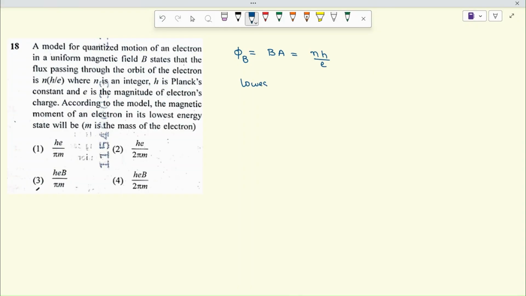So lowest energy state, what can you mention? Their principal quantum number n is 1, least value. So BA is equal to h by e. Or you can say A is equal to h by eB. Now coming to magnetic moment equation. Magnetic moment is asked, right? So moment is equal to I into area, current into area.